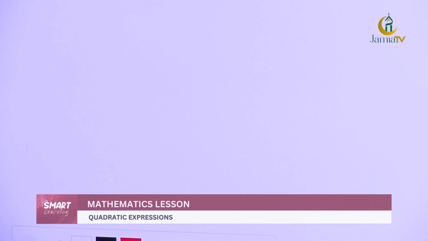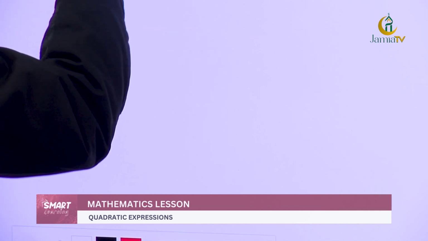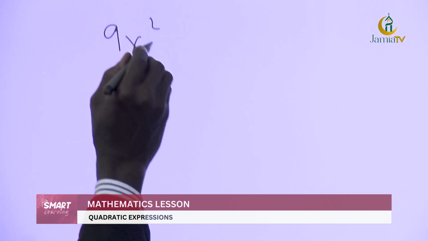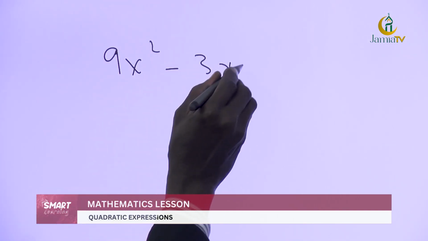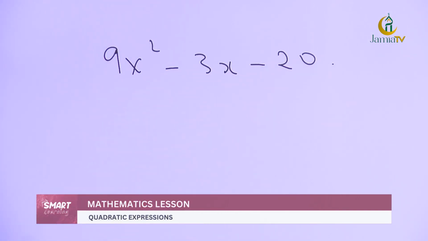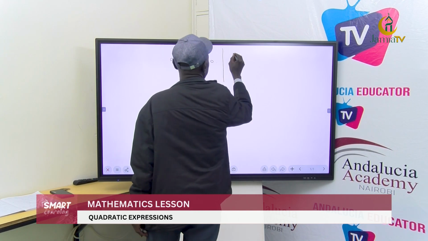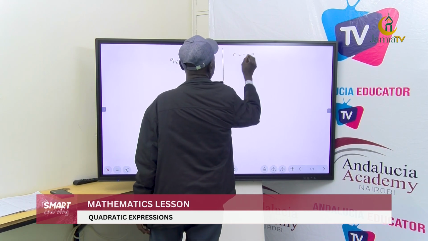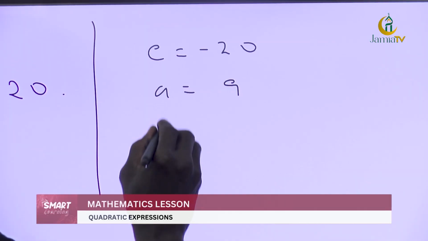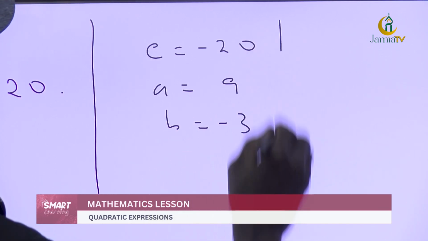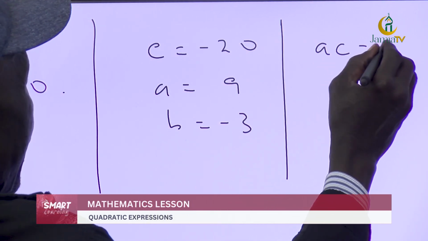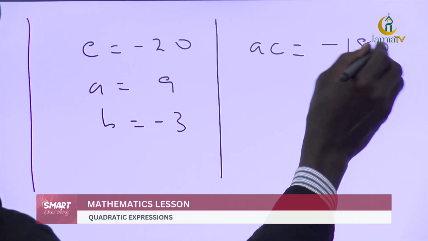The last one is 9x squared minus 3x minus 20. On their sheet, that will be number 14. Now, in this case, quickly, let's say our C is negative 20, A is 9, B is negative 3. My AC will be negative 180.